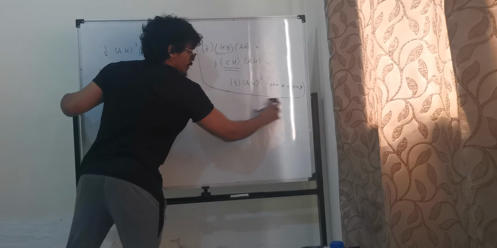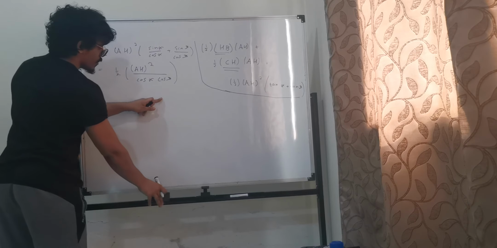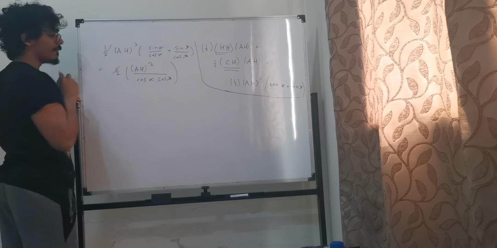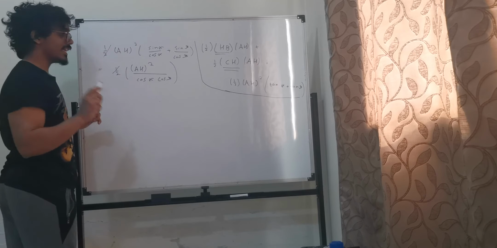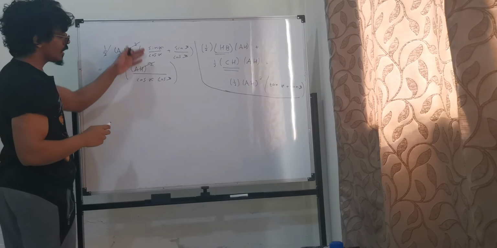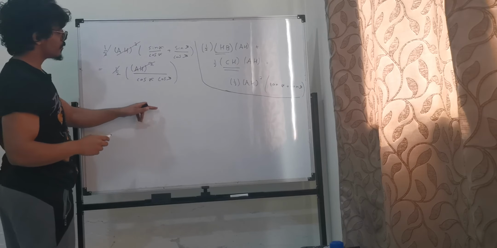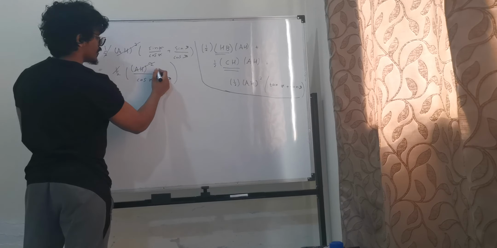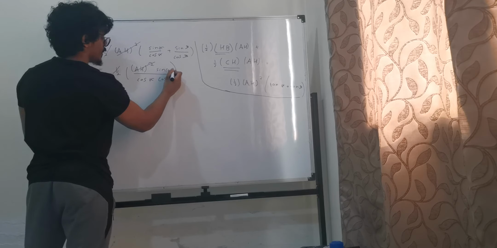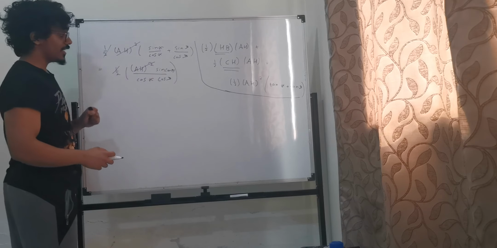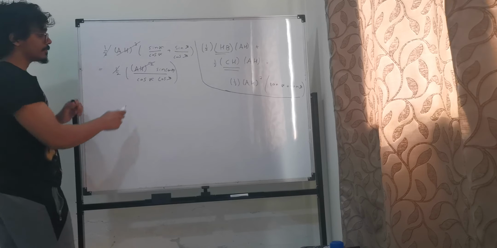Let's make more space. We can cancel the half and the half, and we can cancel AH squared from both sides. I forgot here, this should be sine of alpha plus beta. I probably didn't copy it from the expression, so there will be sine of alpha plus beta here.